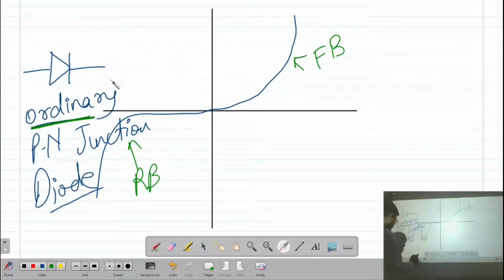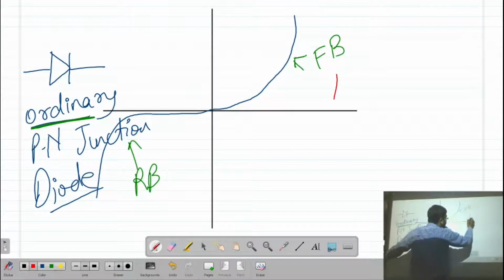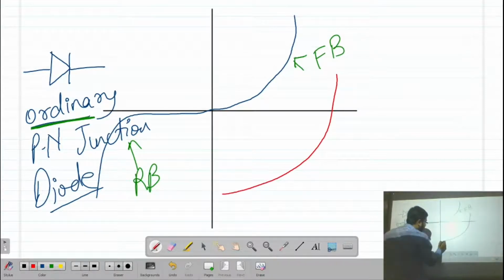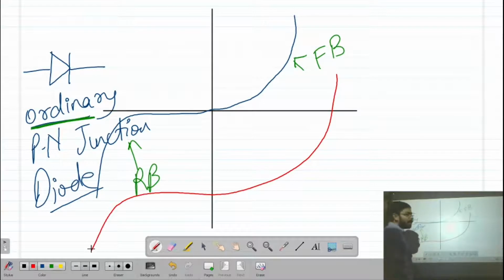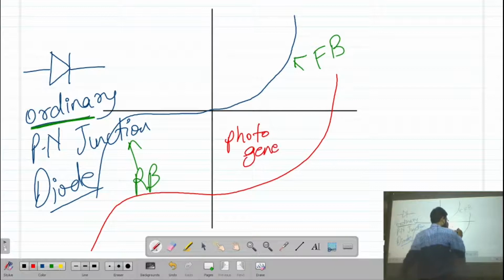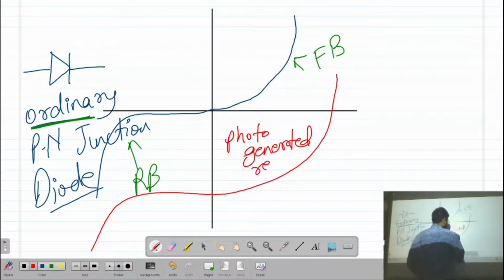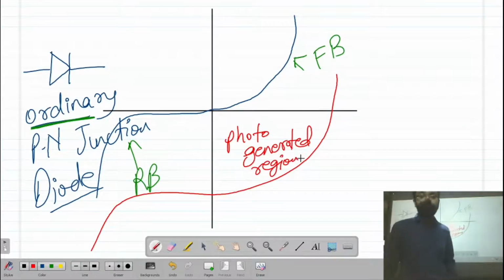So this graph for a solar cell will look like this, and this is nothing but the photo generated region.